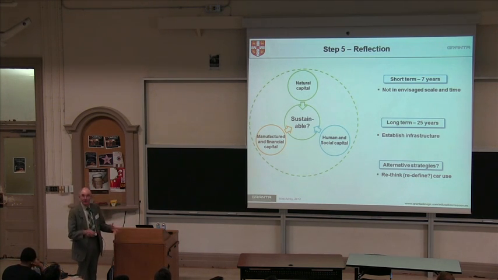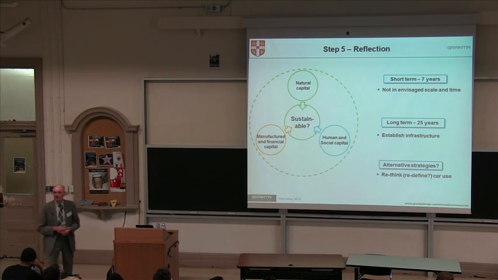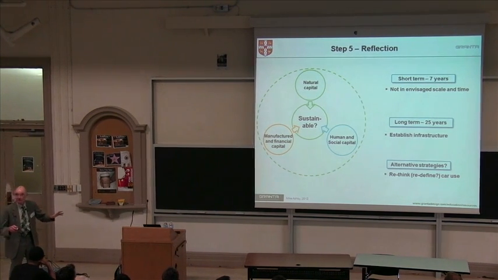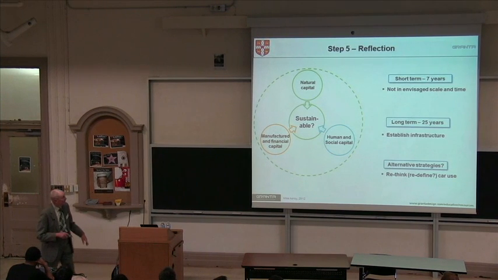So there are other things you could think about, and that's the right moment to think about it. So the point about all this is not that you've entirely solved the problem, but we're now in a much better position to debate the question that was asked at the beginning, which is: is it possible to decarbonize road transport, decarbonize it by 10% in 7 years? And I think in this case, the answer has to be no, we can't.